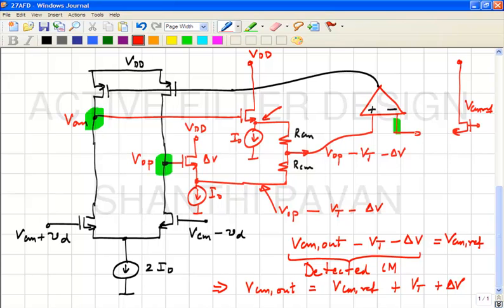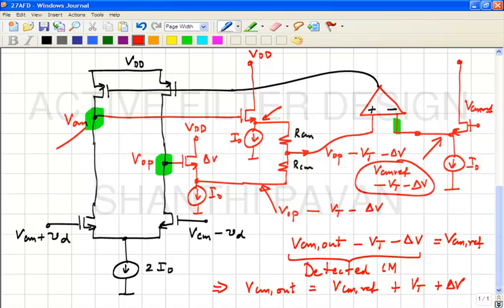VCM ref. Okay. So, this voltage now becomes VCM ref minus Vt minus delta V, correct, and therefore, the common mode output of these two nodes will be VCM. Is this clear?